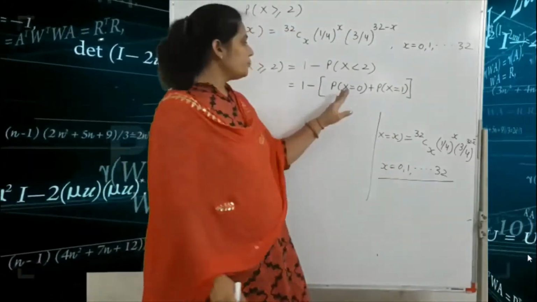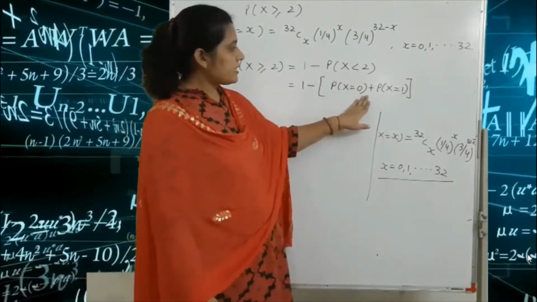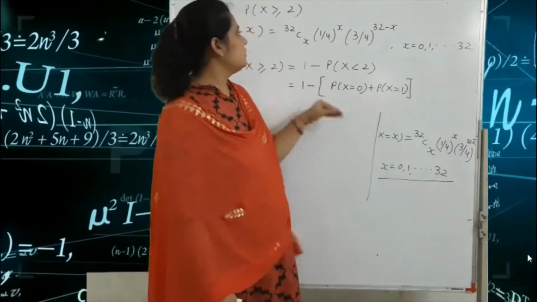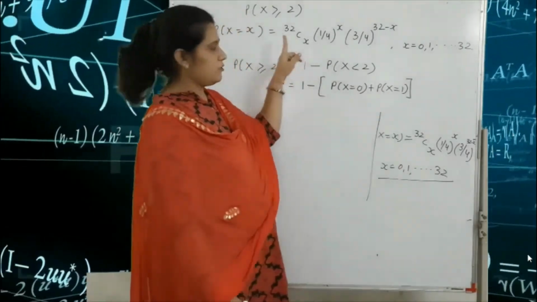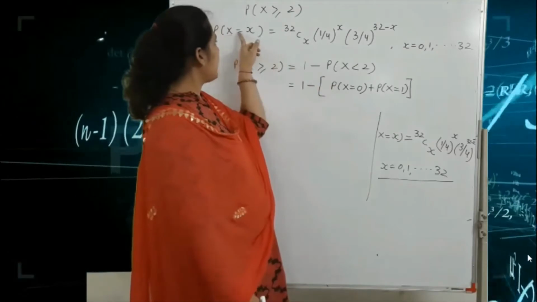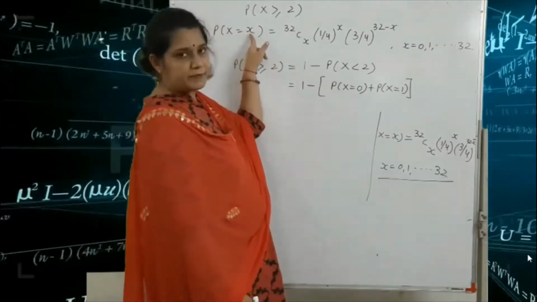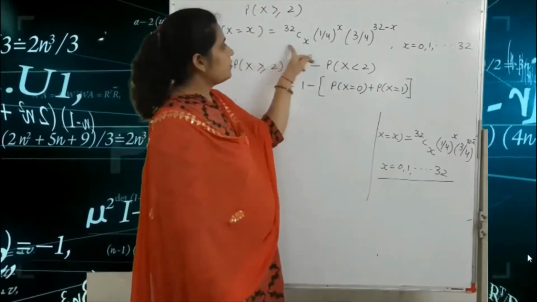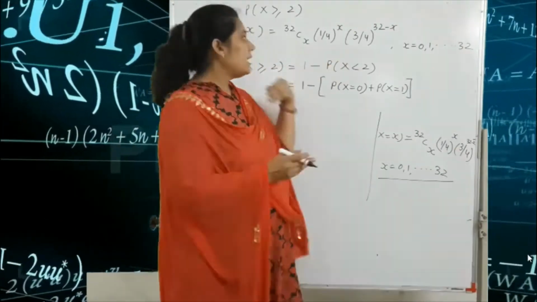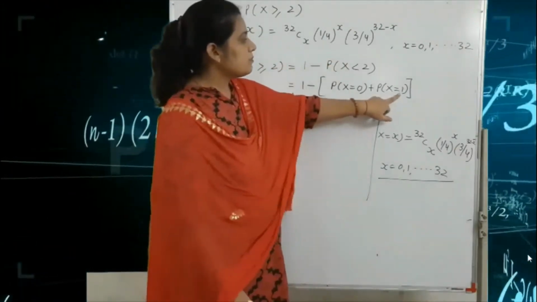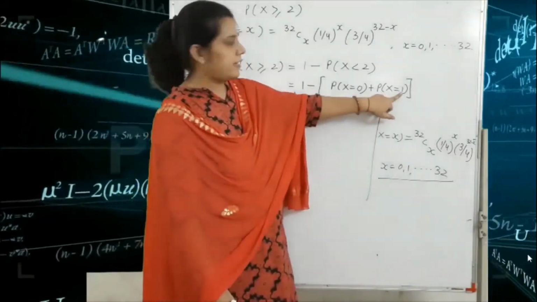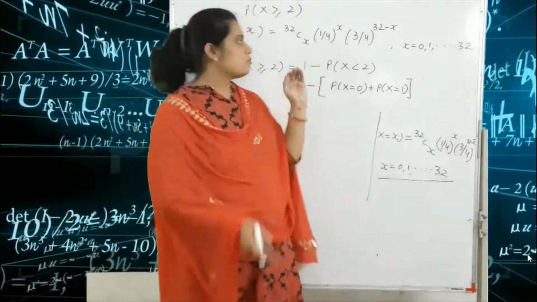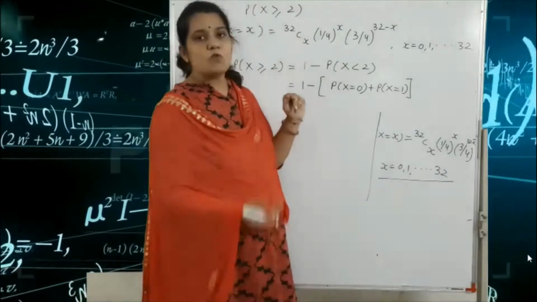According to this, we use the values of P(X = 0) and P(X = 1). First we put x equal to 0 in the binomial formula, and after that we put x equal to 1.